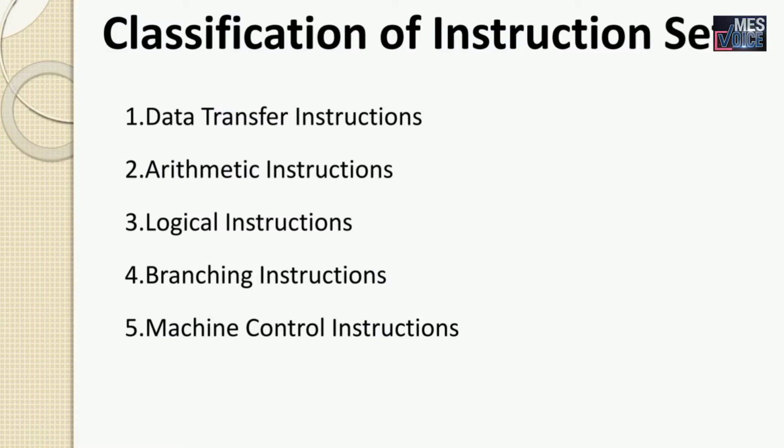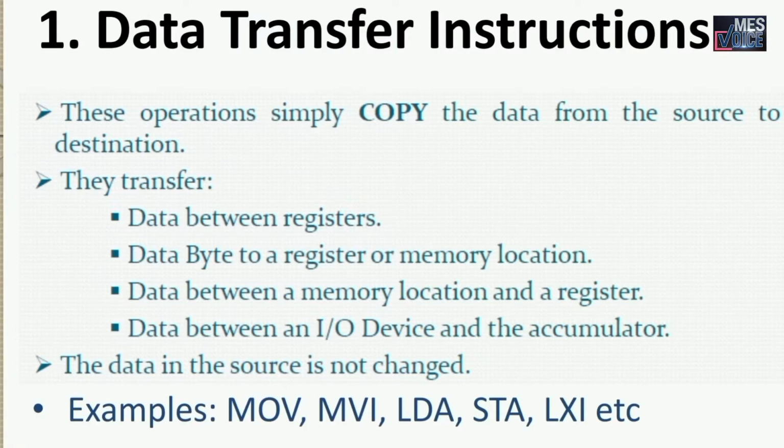8085 instructions can be classified into 5 categories which include data transfer instructions, arithmetic instructions, logical instructions, branching instructions and machine control instructions. Data transfer instructions are used for transferring data from one location to another, where the first location is called source location and the second location is called the destination. These instructions simply copy the data from the source to the destination.